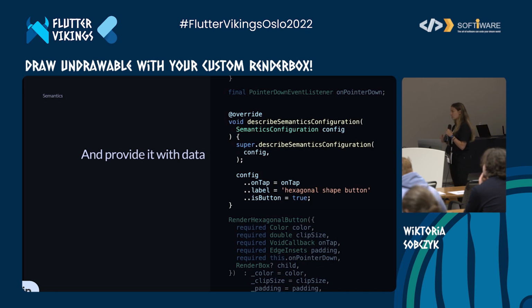And when we set the isButton flag to true, for example, Android's screen reader can tell us that this is a button. The most important thing here is the onTap method, because it won't be invoked by our gesture.